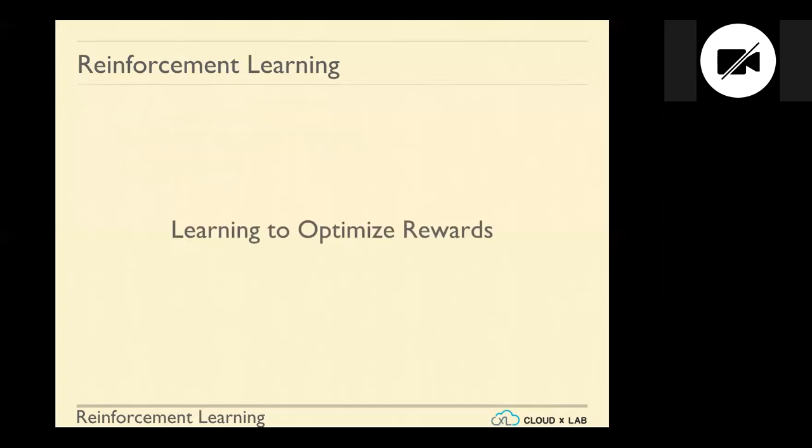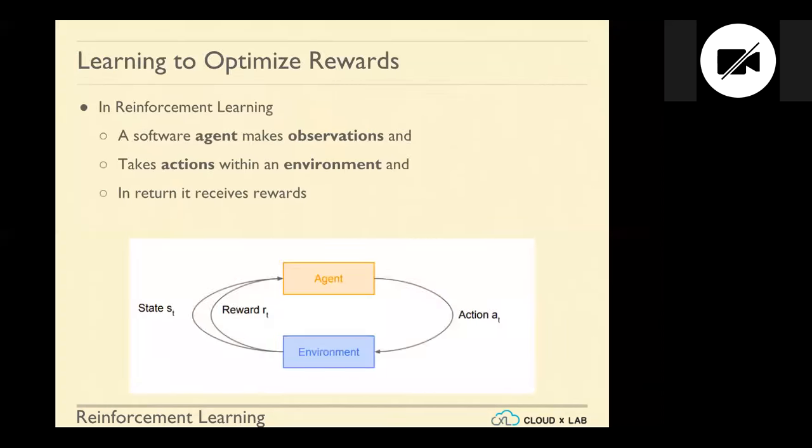Reinforcement learning is learning to optimize rewards. In reinforcement learning, a software agent makes observations and takes actions within an environment, and in turn it receives rewards. So our agent is in an environment, it takes an action, it gets the reward or the punishment. A negative reward is punishment.